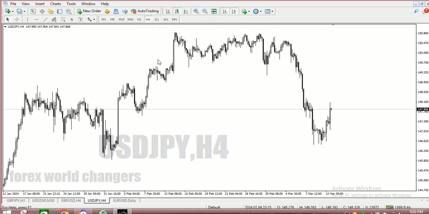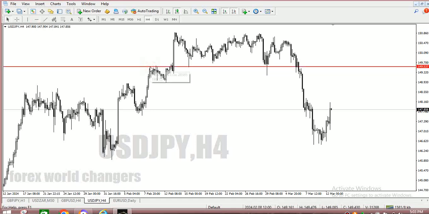Looking at the spikes, this spike and this spike show that the price was rejecting here. There's another spike. Let me draw a horizontal line at this spike, so you can see the price has been rejecting this zone. So this is a very nice FTR. Price got rejected, and then it broke this level with a huge candle.